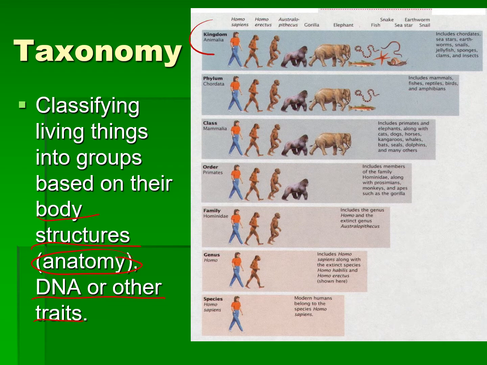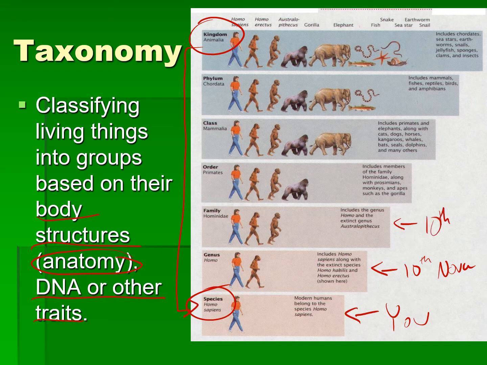We start with a very large category, and then the categories get more and more specific. Think about if you are the smallest category. So this is you. Then you're in a group of, let's say, 10th graders at Nova High, right? After that, you're in 10th graders at all of Broward County. Now you're going to be in a group of 10th graders in Florida.